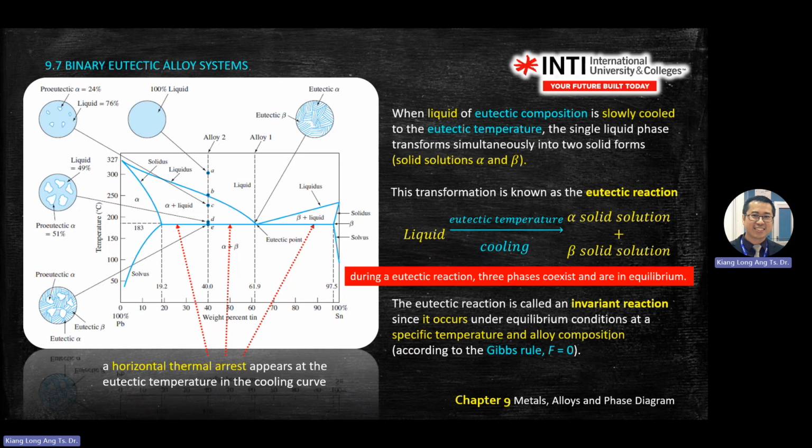Label on your graph using A and B, capital A, capital B. Go to the graph, label A here. Go to here, label B. Line connecting A, B is the thermal arrest.